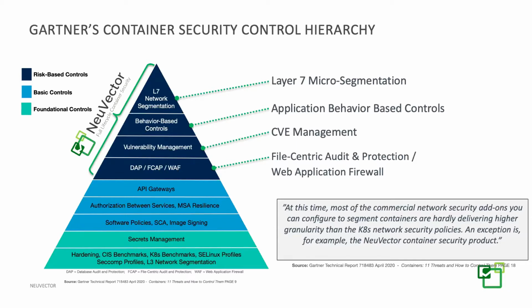End-to-end vulnerability management, and then protect ingress, egress, files, all of those things as well. Now, NeuVector also provides some of this bottom level stuff, hardening, running CIS benchmarks or Kubernetes benchmarks.